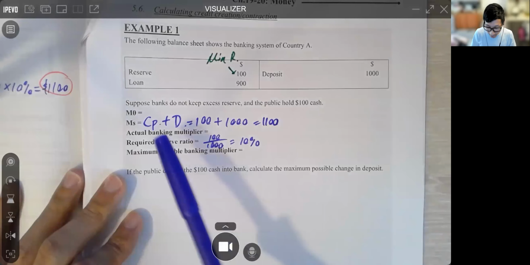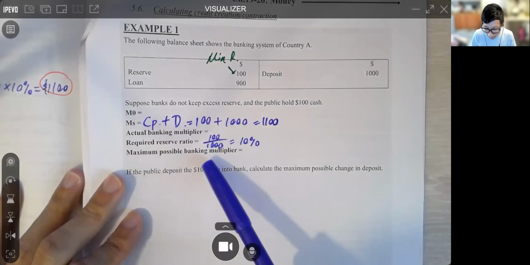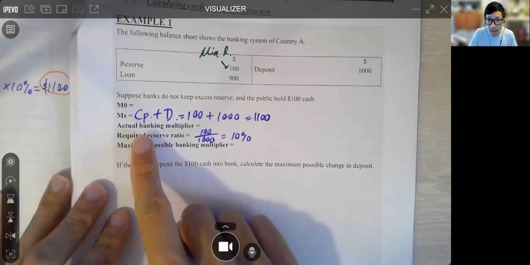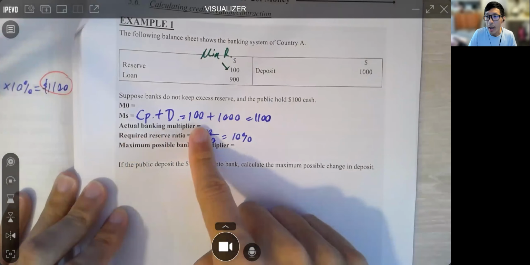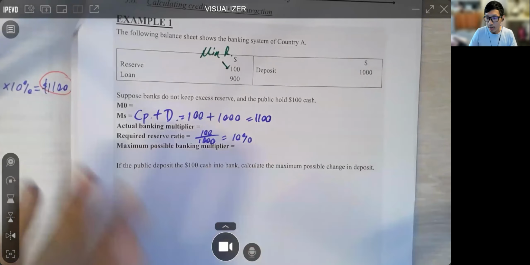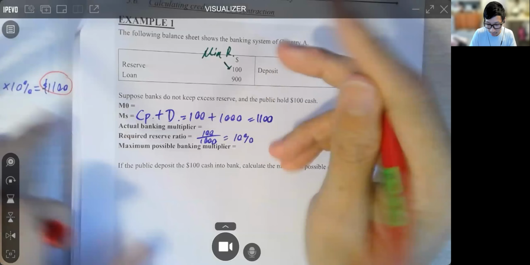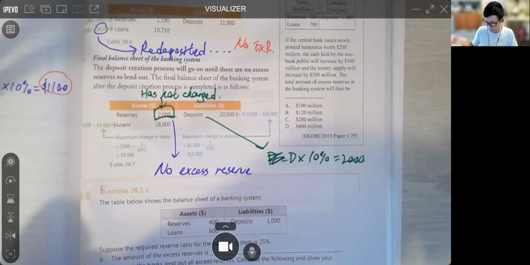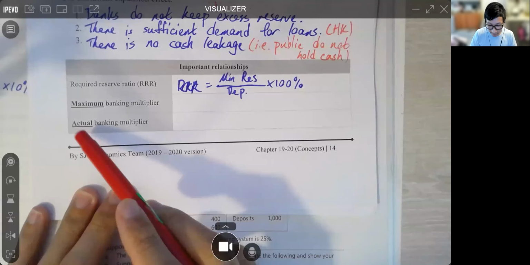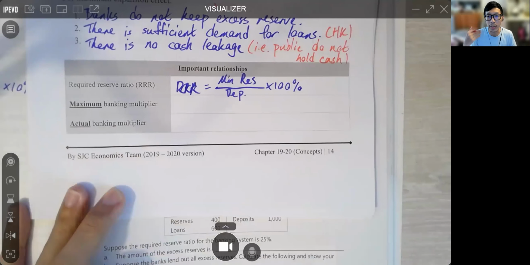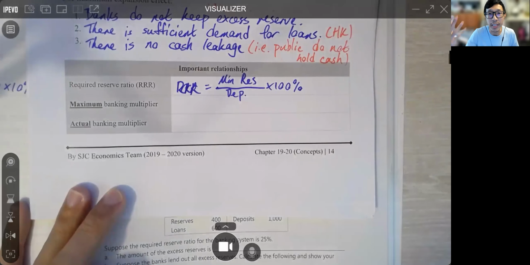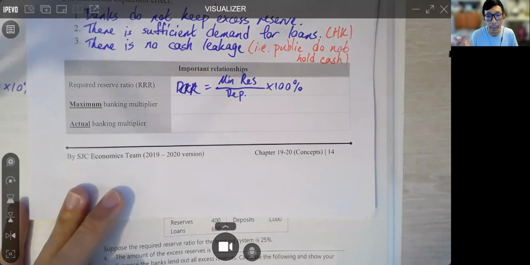OK，actual banking multiplier refers to, let's write in the previous page, page 14. 實際上銀行做咗幾多 using reserve, how much have they created the so-called deposit?